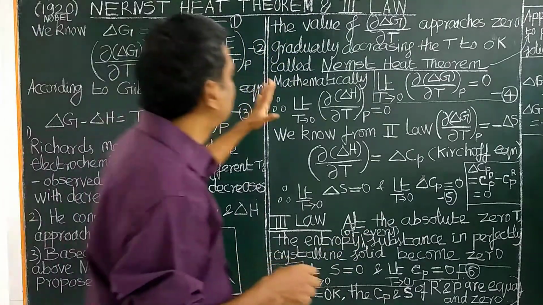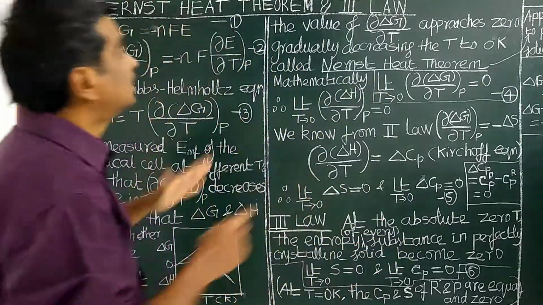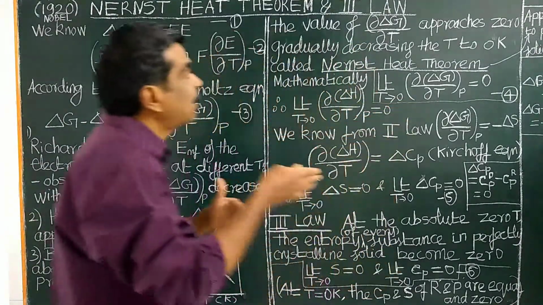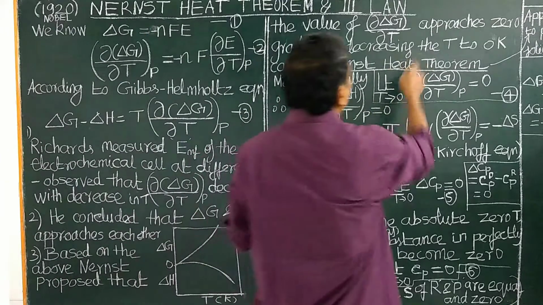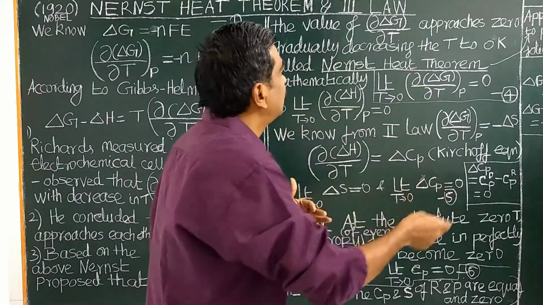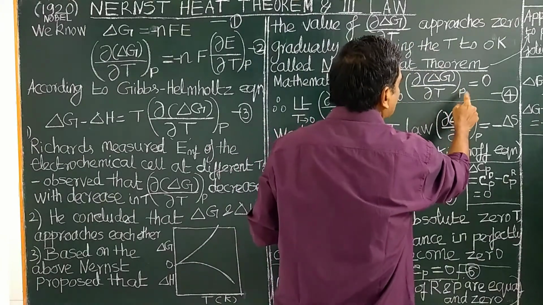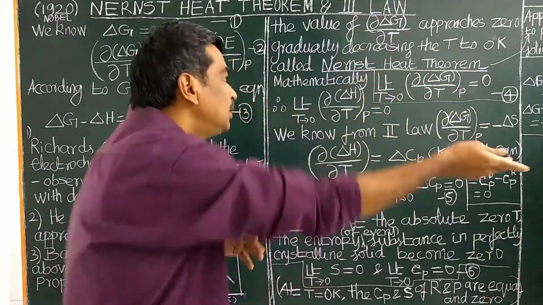Now let us see the mathematical form of the Nernst heat theorem. Limit T tends to 0: when T approaches 0 Kelvin, dou delta G by dou T at constant pressure is also equal to 0.